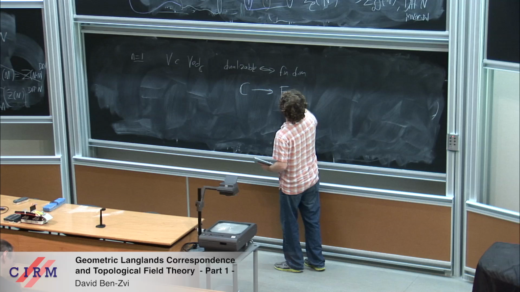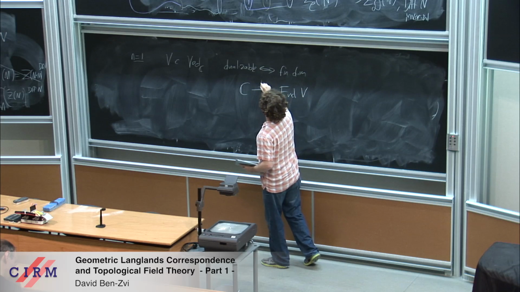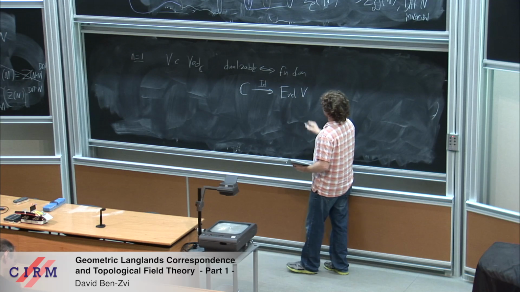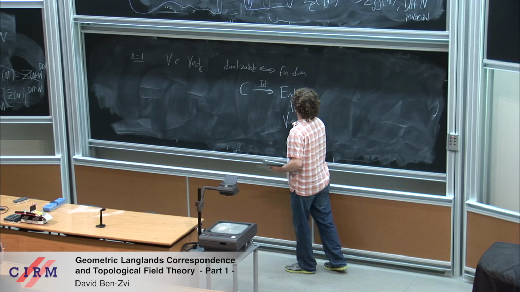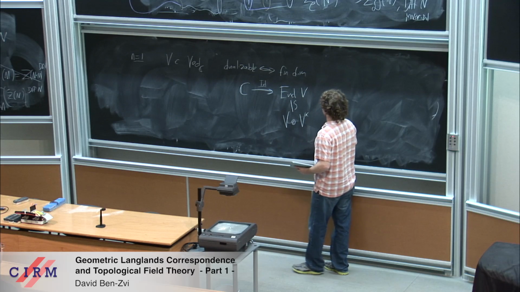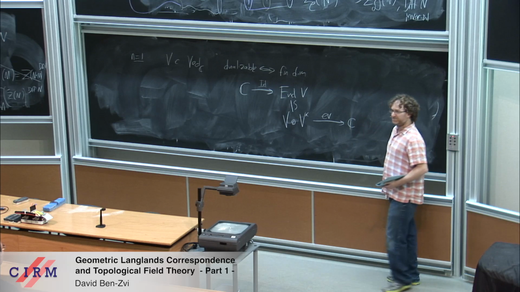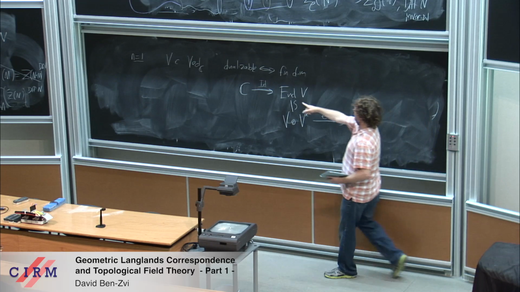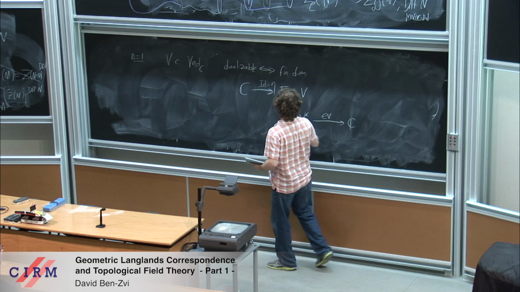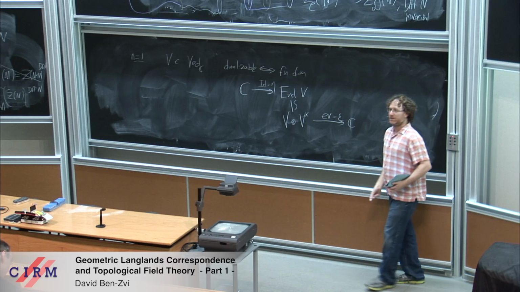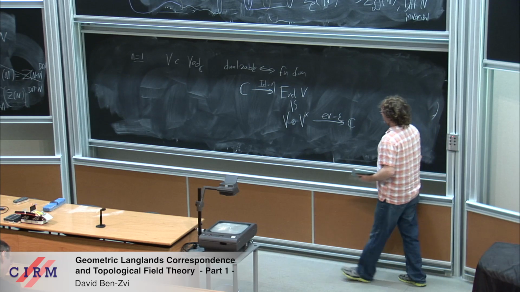Well, there's the inclusion of the identity into endomorphisms of V. But because V is finite dimensional, I can write this as V tensor the dual vector space, and then I have the evaluation map to C. And these two maps are going to be my eta and my epsilon. That defines the duality data.